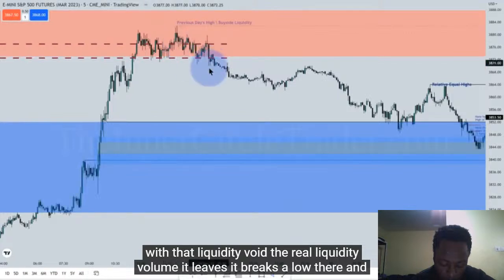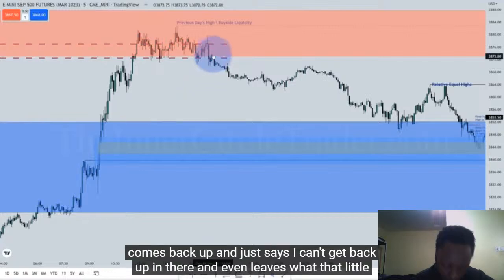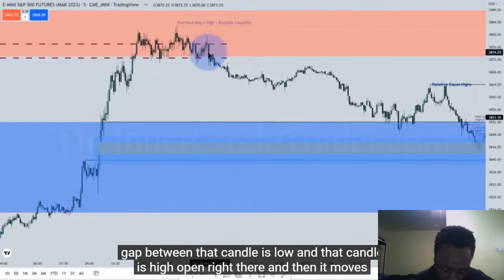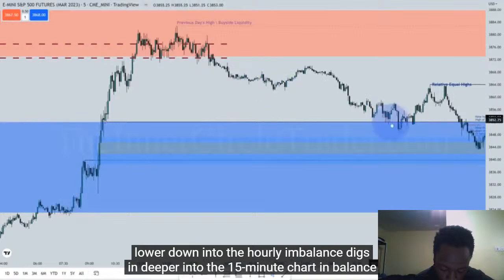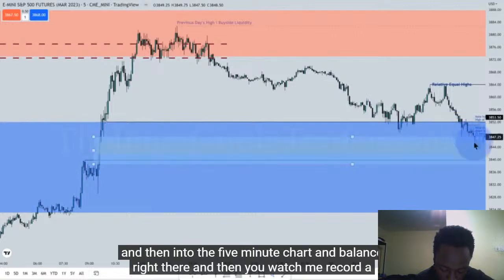It leaves it, breaks low there, and comes back up and just says, I can't get back up in there, and even leaves that little gap between that candle's low and that candle's high open right there. And then it moves lower down into the hourly imbalance, digs in deeper into the 15-minute chart imbalance, and then into the 5-minute chart imbalance right there.